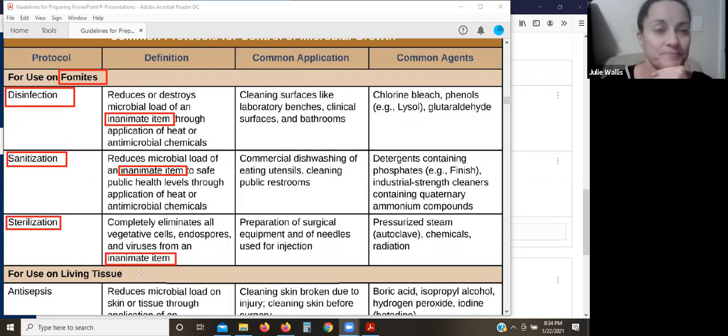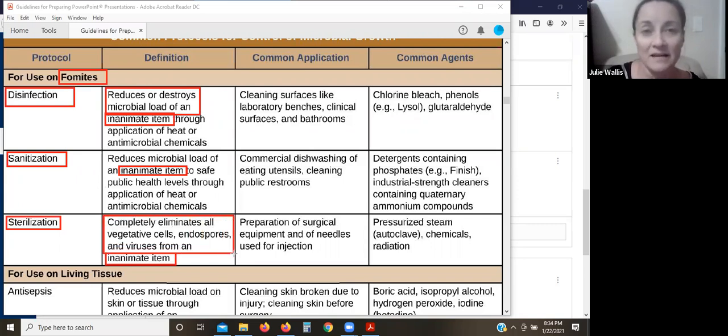whereas the ones on the bottom here are for use on living tissue. Disinfection, if you see, reduces the microbial load. That means it doesn't get rid of all of them; it just reduces the load to an acceptable level. So disinfection is not the same as sterilization. Sterilization is completely eliminating all vegetative cells, endospores, and viruses.